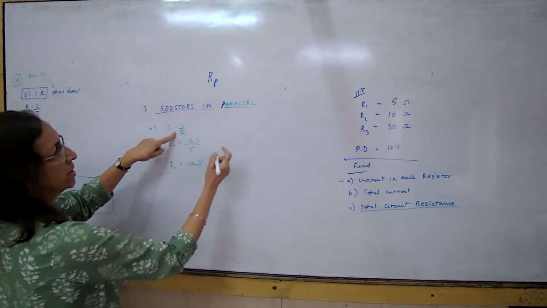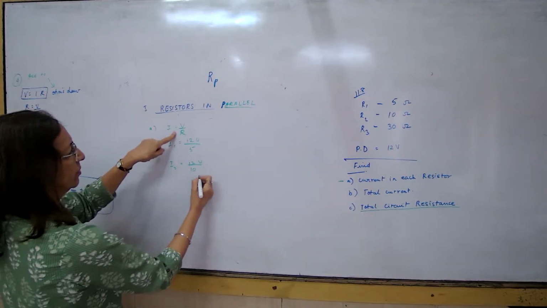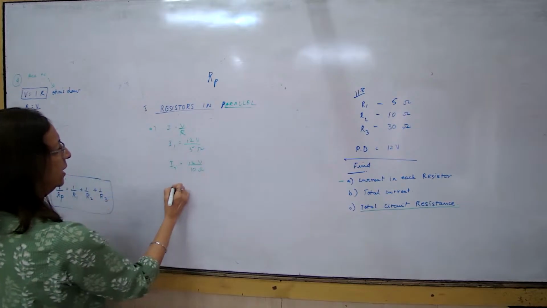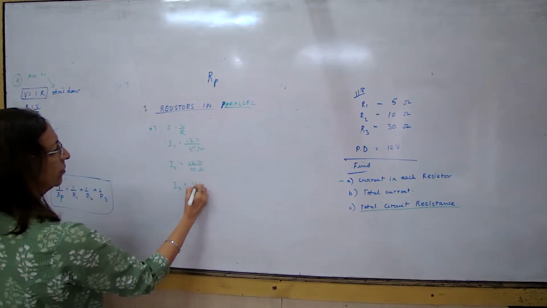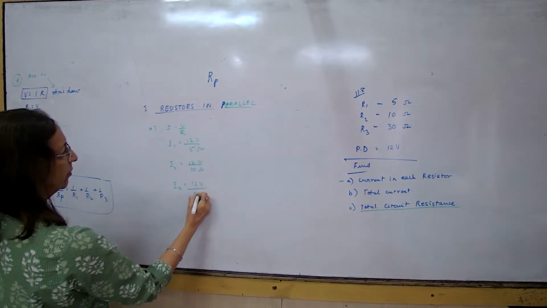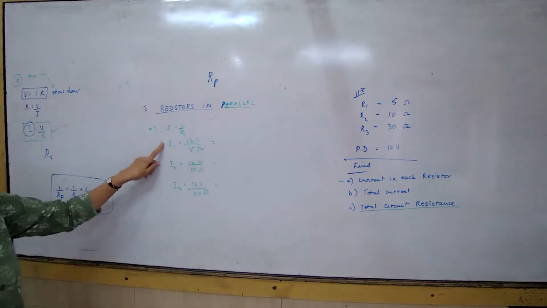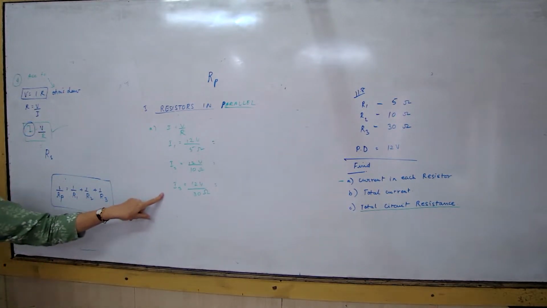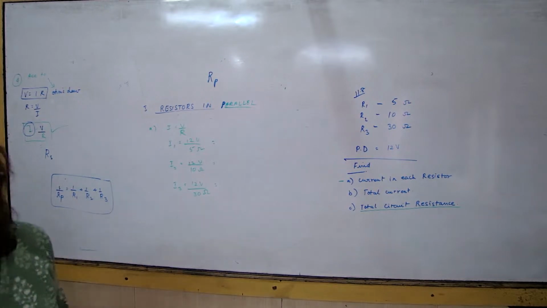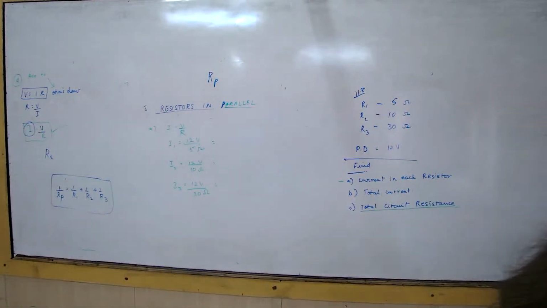In each of the cases, R will keep on changing. And for I3, so you will know the values of current in each of them. Come on, do this step. Done? All the three? Good.